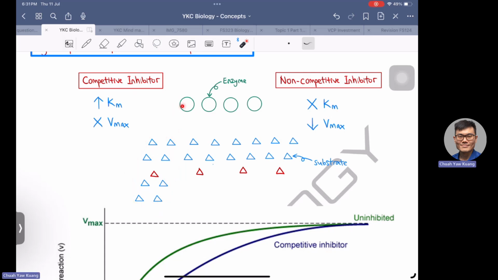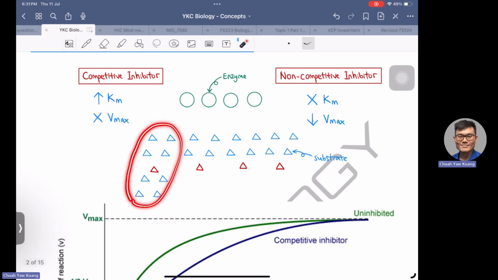In this case, the chance for the substrate to bind to the enzyme active site will now increase. That's why we can reverse the effect of the competitive inhibitor by increasing the number of the substrate. At the same time, that also means you will need a higher concentration of the substrate to reach the original rate of reaction.